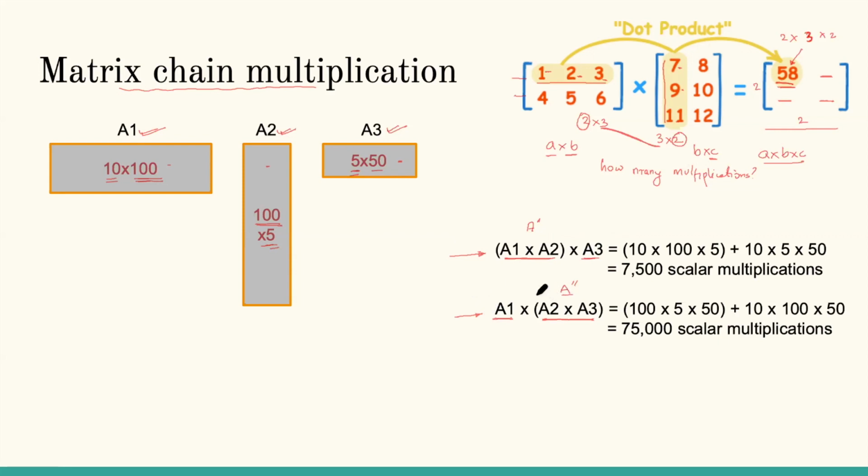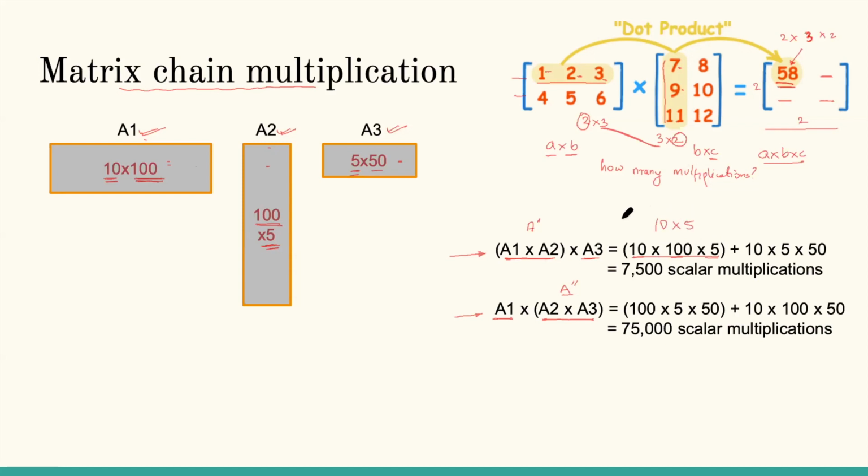Now let's see the number of multiplications involved in the first choice. If we multiply A1 with A2, the total number of scalar multiplications between the first two matrices is 10 times 100 times 5. Once we multiply this, the matrix that comes out will be of dimensions 10 by 5.